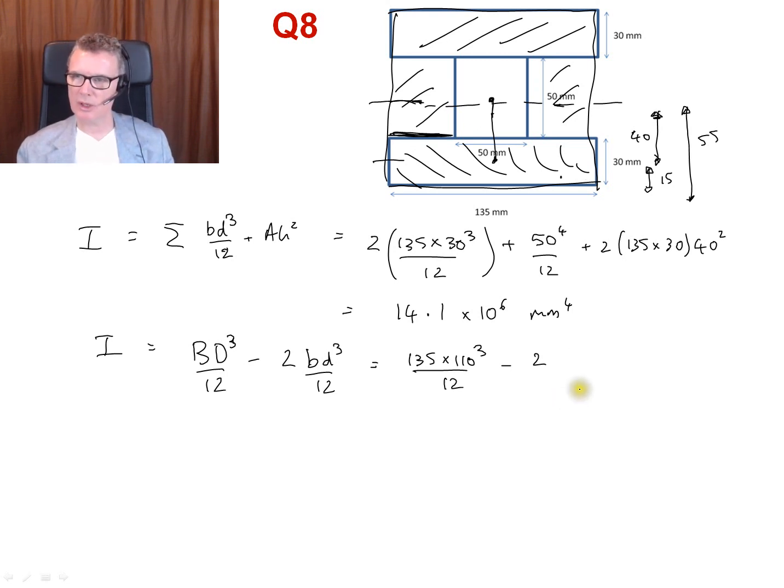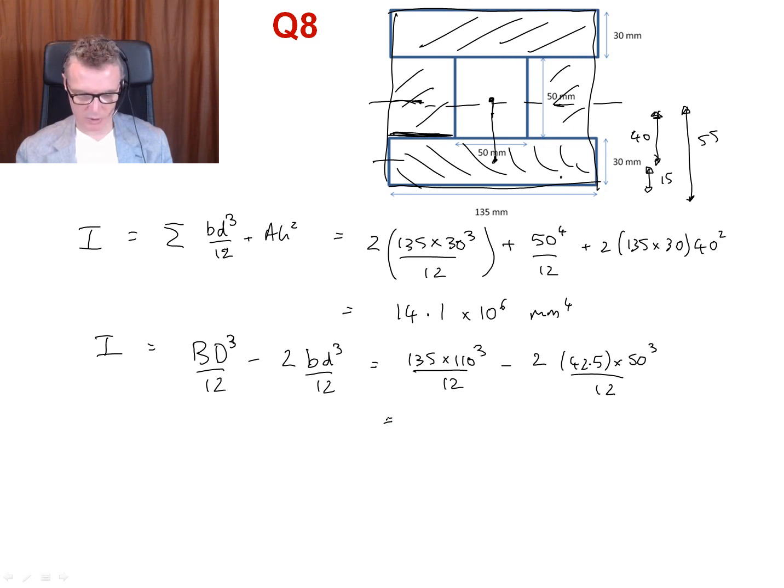And so that gives me 42.5. The way I could have done it would have been to imagine these two sections glued together and not done the 2. Okay, so that's the b. Now the d is obviously 50 to the power 3, and we want to divide that by 12.